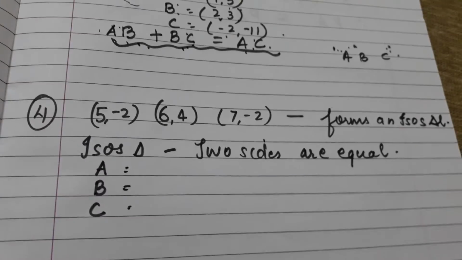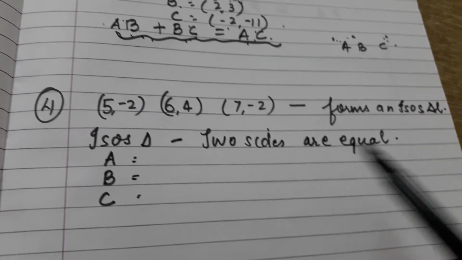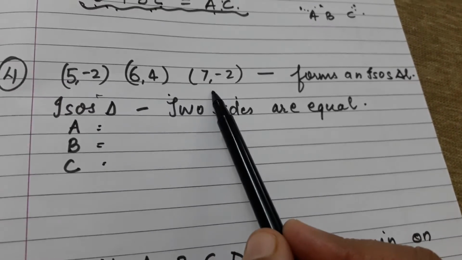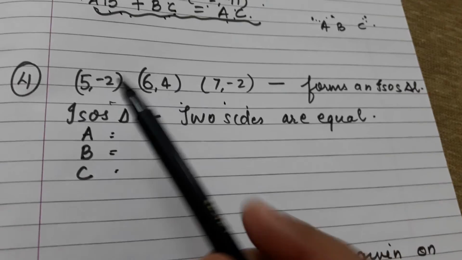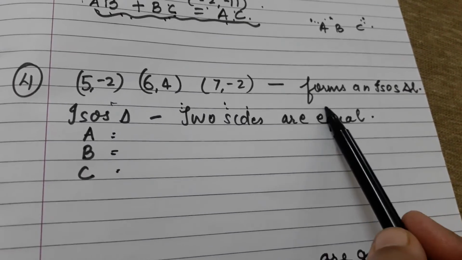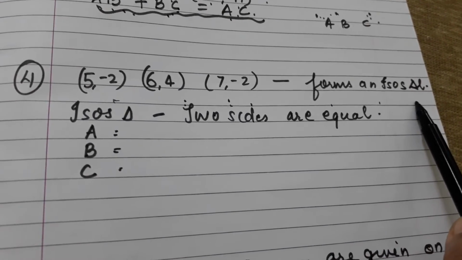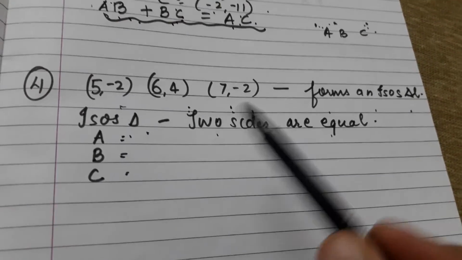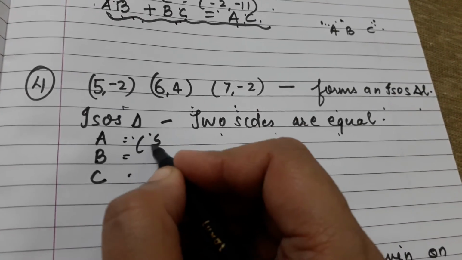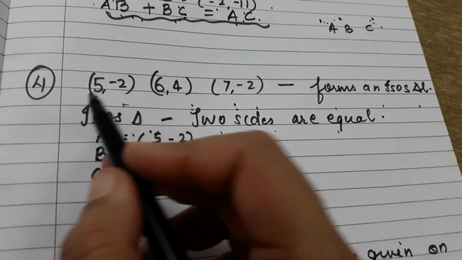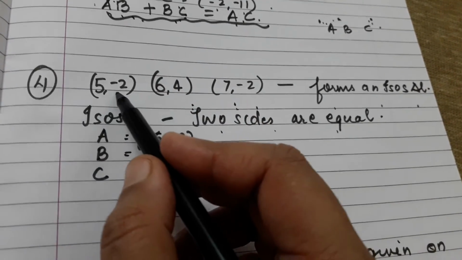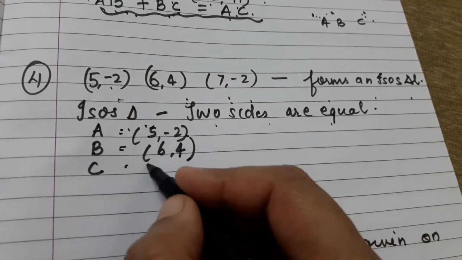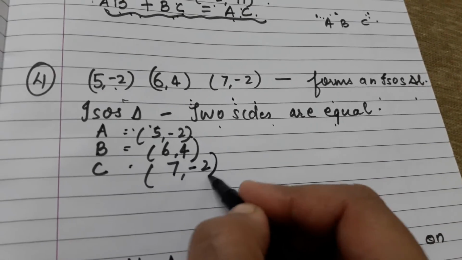Question 4. When you see your book, the points are (5, minus 2), (6, 4) and (7, minus 2). You have to find out whether these three points form an isosceles triangle or not. And you know that in an isosceles triangle, two sides are equal. So I assume (5, minus 2) as A, B is assumed to be (6, 4), and C I assume (7, minus 2).